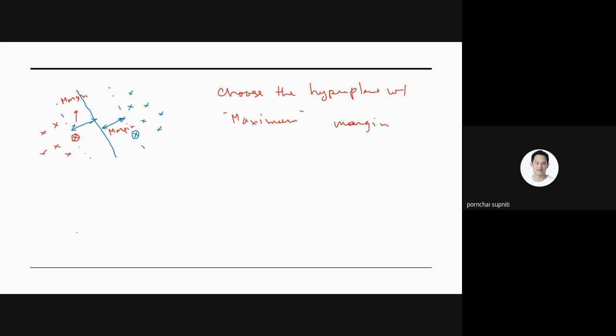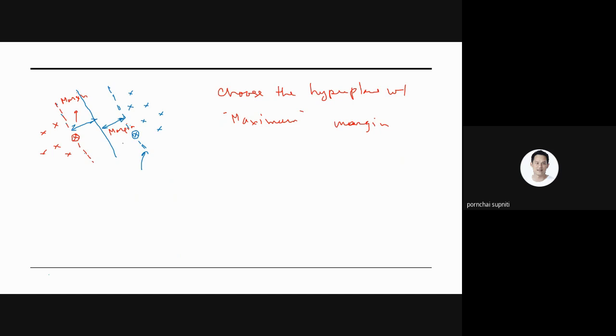If you take a look at these pictures, there are two dotted lines. These dotted lines are not the hyperplane.